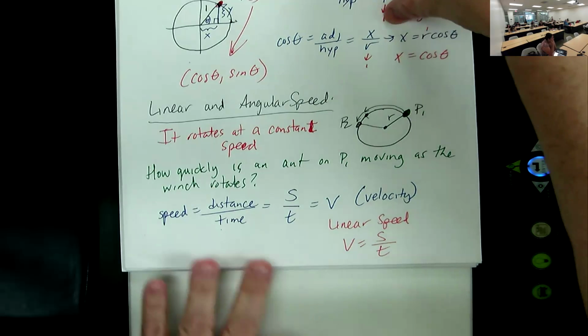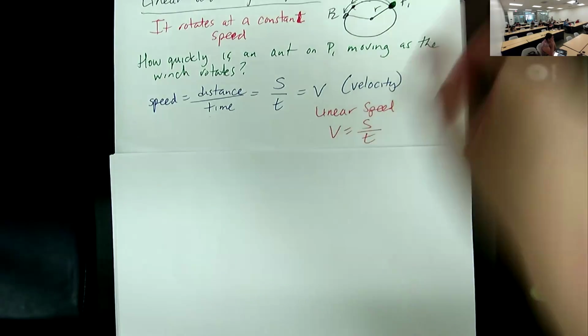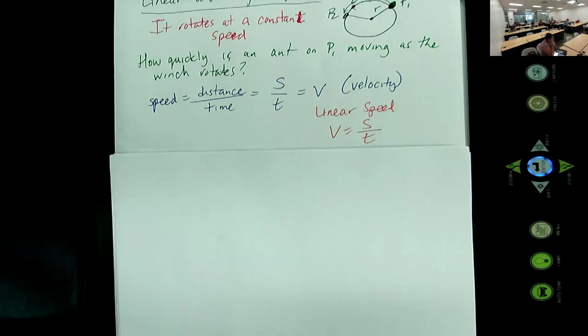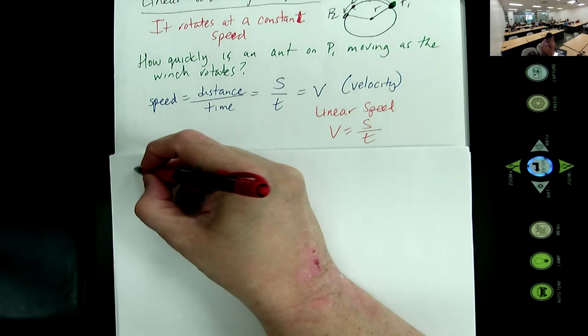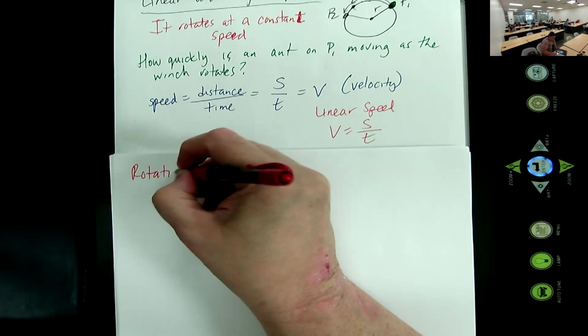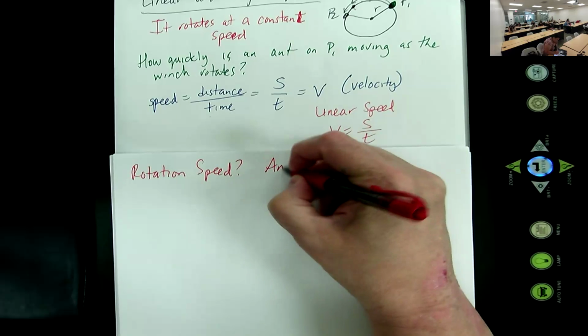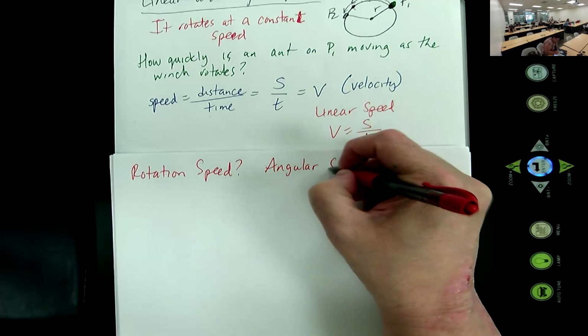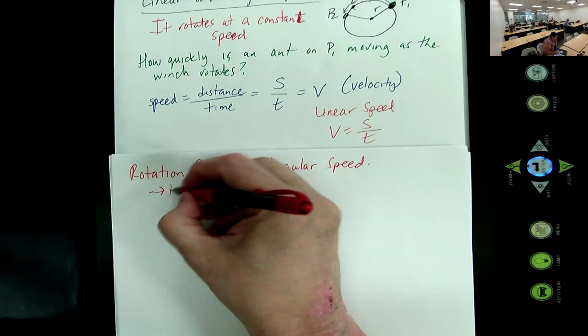How fast is it rotating? That's rotation speed. We call this angular speed. It's like, how quickly is the angle getting larger?